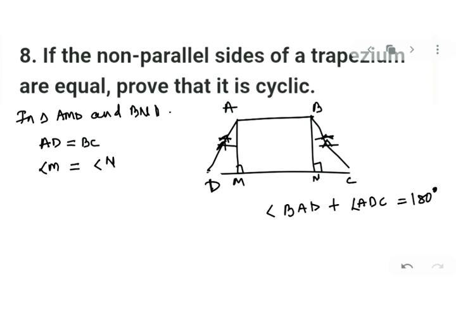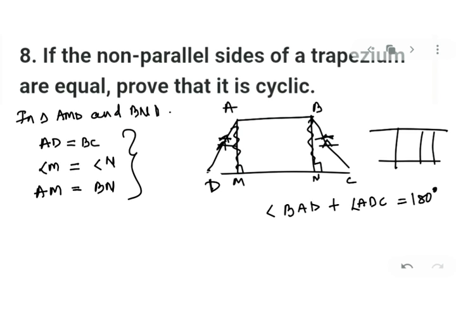And then what will be the third point? Can we also go for AM is equal to BN? Because these are the perpendiculars between two parallel lines, and perpendiculars between two parallel lines are always equal. So I can also say AM is equal to BN. So you got three reasons with you.